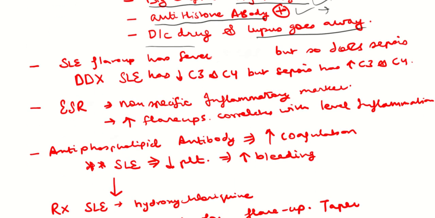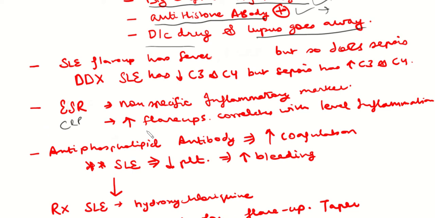There's some pearls. ESR and CRP are non-specific inflammatory markers. When they are elevated, they will show you increased inflammation in the body. They'll not tell you where the inflammation is coming from.